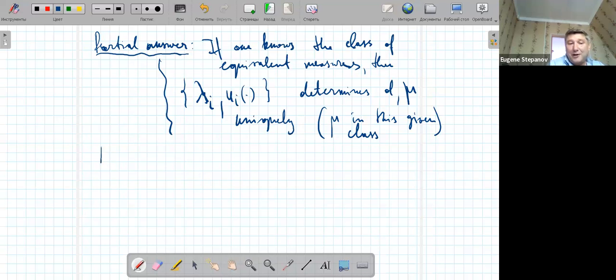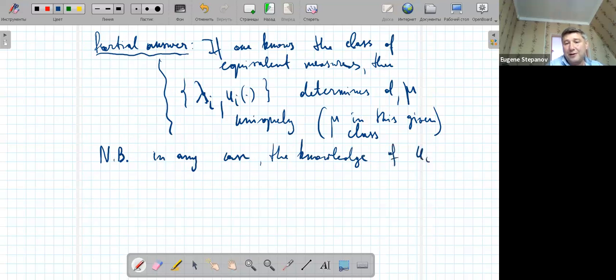Just a remark. In any case, the knowledge of eigenfunctions u_i with the norm of u_i matters: not just any eigenfunctions, but eigenfunctions normed somehow.